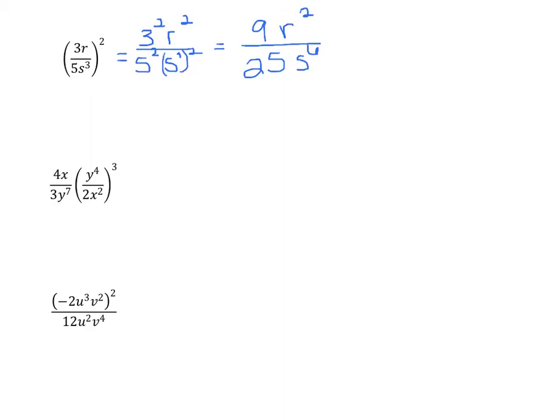Now, I can't factor anything out of 9 and 25. I can't do anything with r squared and s to the 6th, so this is actually my final answer. Taking a look at the next one.